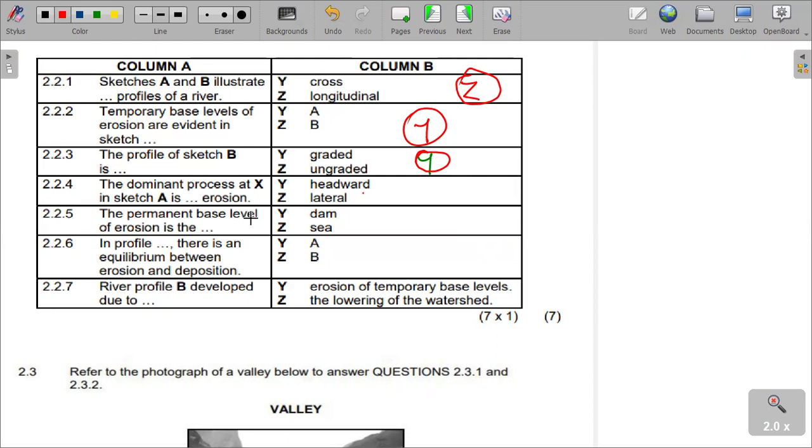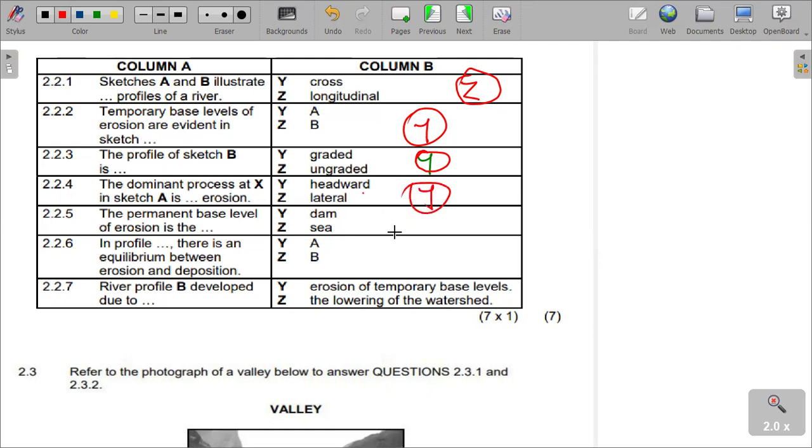What we are saying is that in sketch A there is a resistant rock there, and what causes that is the dominance of headward erosion, which causes the waterfall being shown there to form. So the dominant process at X is headward erosion, which is also shown by Y.